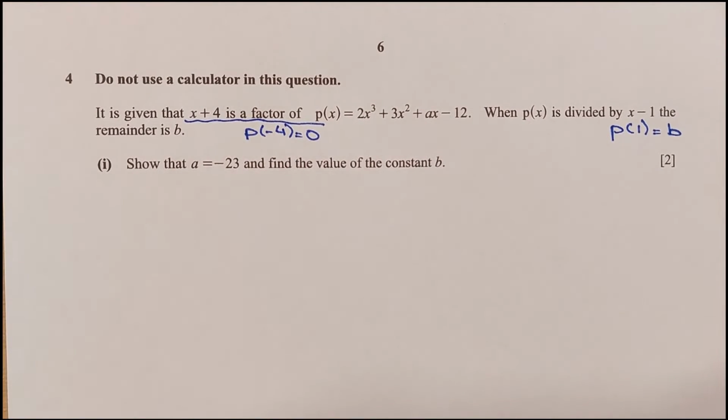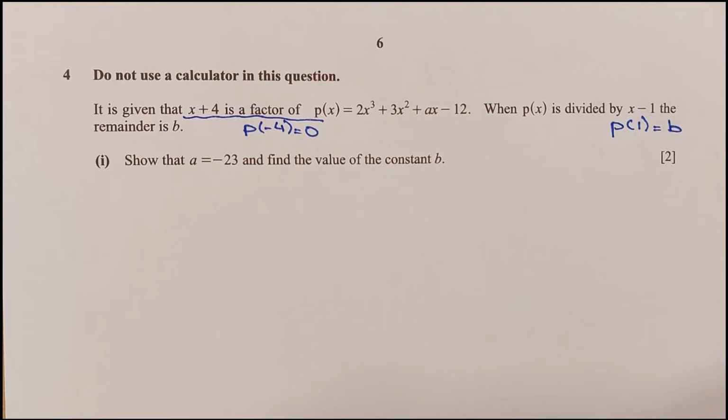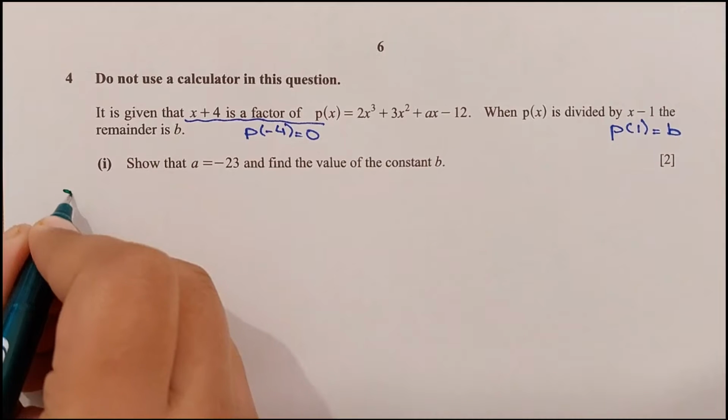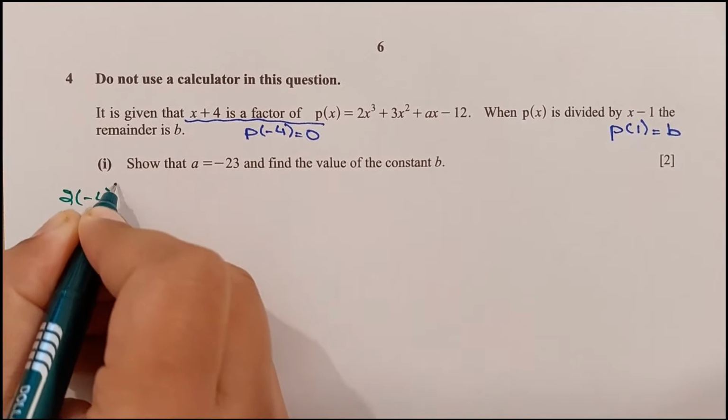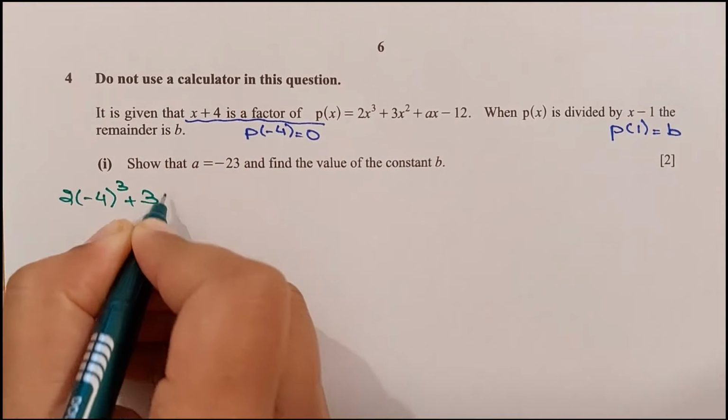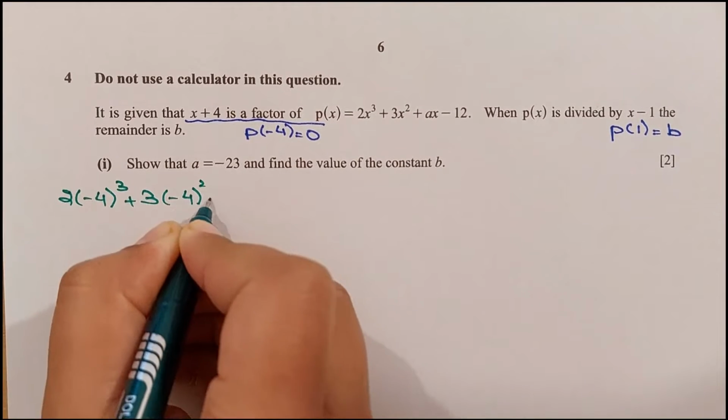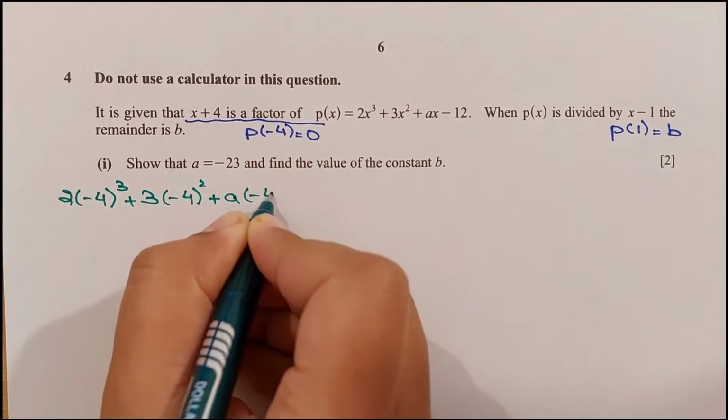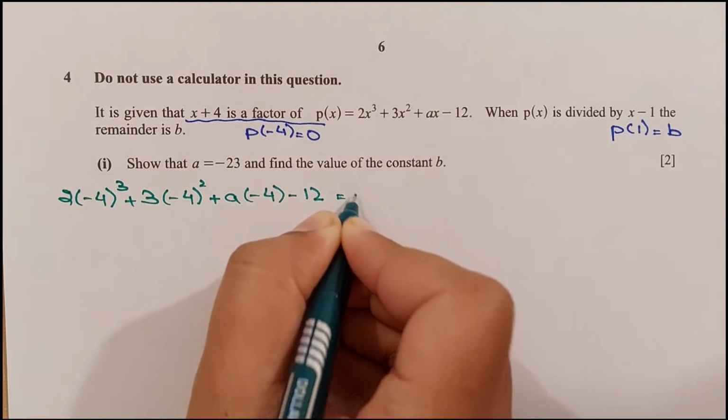First let me use the condition that p of minus 4 is equal to 0 and solve for a. So we have 2 times minus 4 whole cube plus 3 times minus 4 squared plus a times minus 4 minus 12, and this is equal to 0.